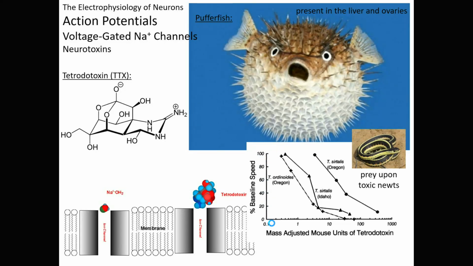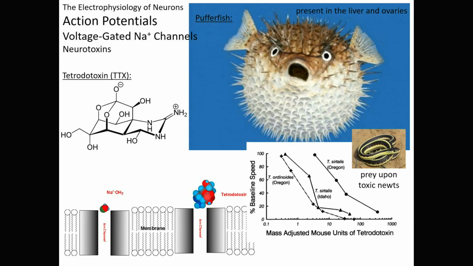And you can see that the T. ordinoides and the T. sertalis from Idaho, the ones that don't eat toxic newts naturally, start to pretty rapidly lose their ability to move at relatively low concentrations of tetrodotoxin. But you can see here that the T. sertalis from Oregon requires quite a bit higher tetrodotoxin level before it starts to show any effects. And you might look at it and say, this doesn't look like a very big shift, but keep in mind, this is a logarithmic scale down here. So that shift right there is on the order of at least a tenfold difference. Right?